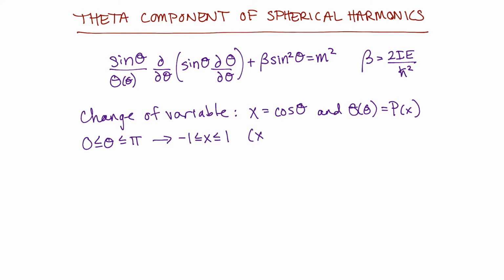Note that x here is not our Cartesian coordinate. It's just a new variable that we're using, so be careful on that. Don't confuse that with our Cartesian coordinate x. We're just changing our variable here, going from theta to a variable of x.